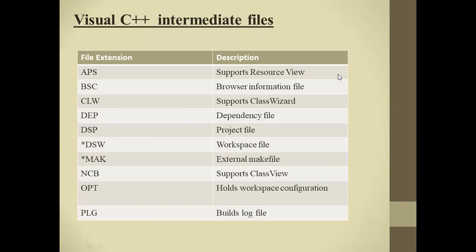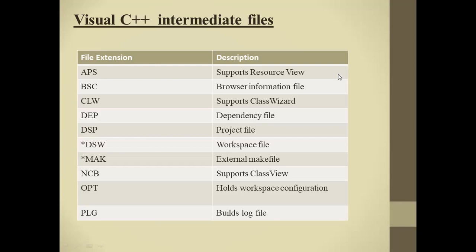Now just go through this table, give it 1 minute. We have two columns here. One is the file extension type that are supported by C++ or Microsoft Visual C++, and the other is the description, the purpose of these files.